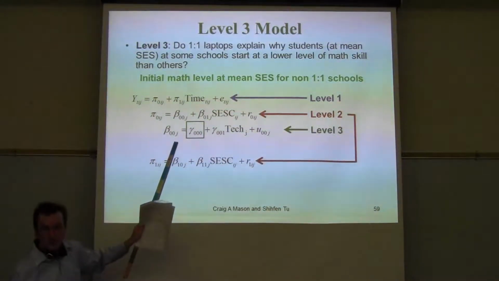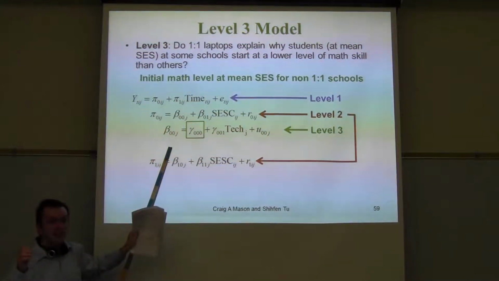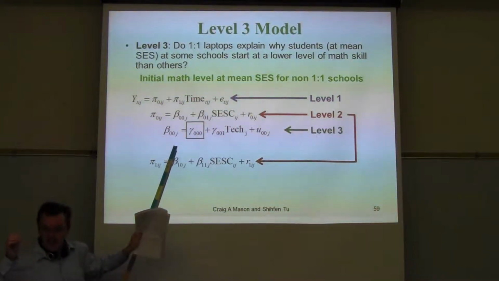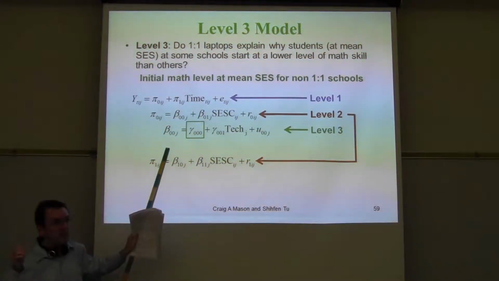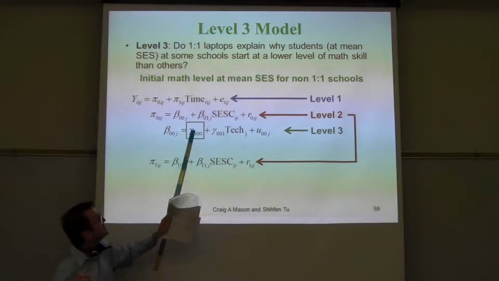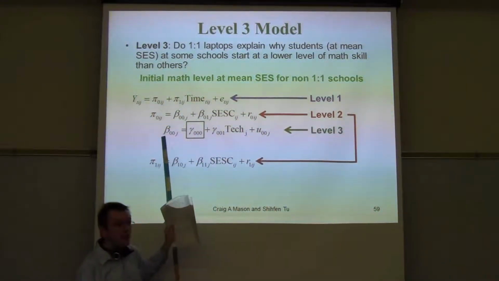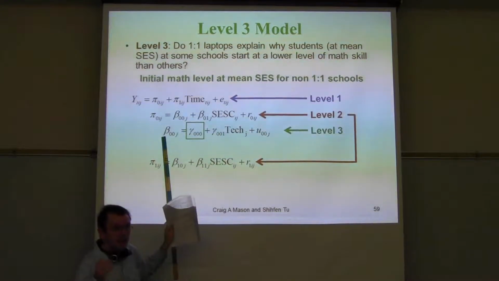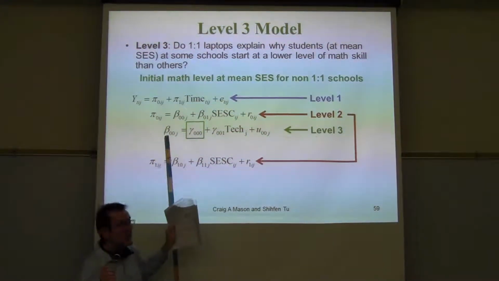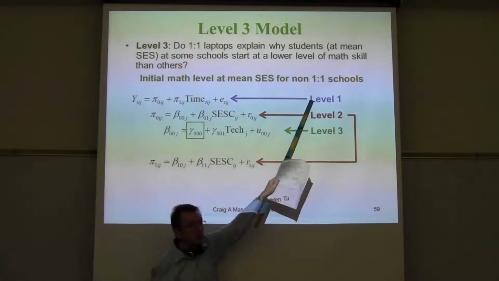Because beta 0, 0j was that predicted initial level, that initial math level at the mean SES. Specifically, gamma 0, 0, 0 is that predicted baseline level at the mean SES specifically for non-laptop schools.